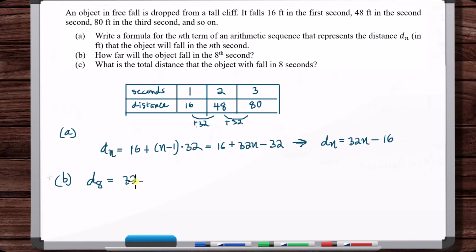So 32 times 8 is 256, minus 16, so 240 feet.